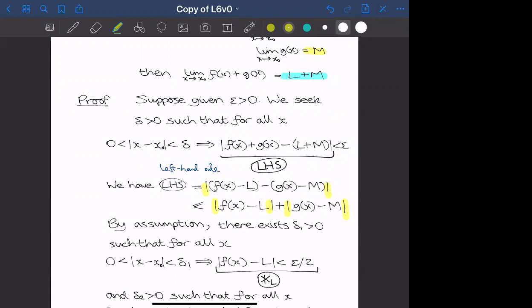And from the definition of a limit, we know something about those 2 absolute values.